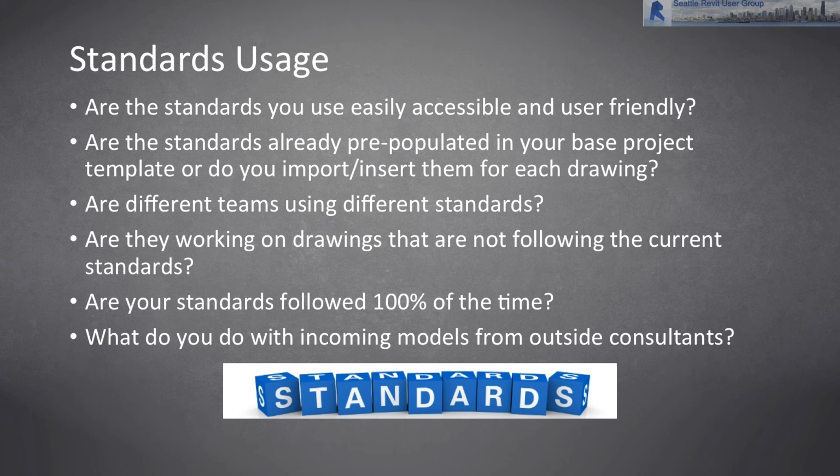What do you do with incoming models that come from outside your organization because they already have their own set of standards that they may or may not be following religiously? What is your process? Do you go through a cleaning process? Do you have a specific set of checklists? We get the incoming model from so-and-so contractor. That model needs to go through this set of processes.